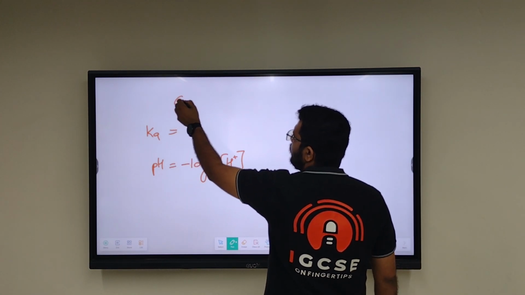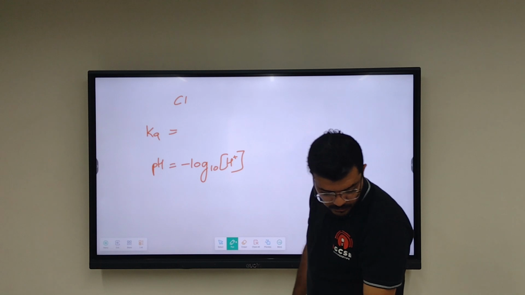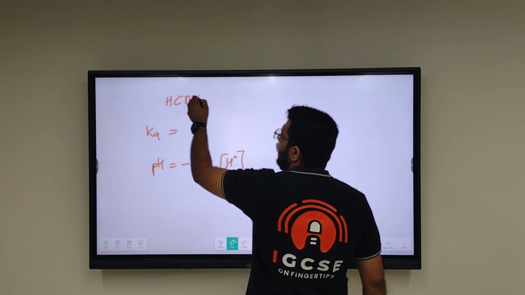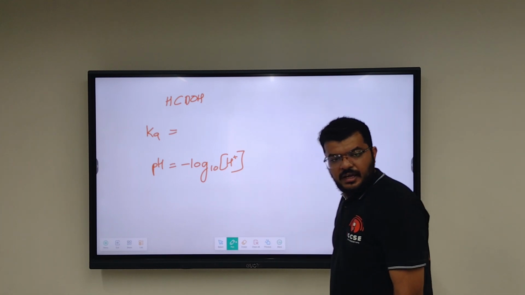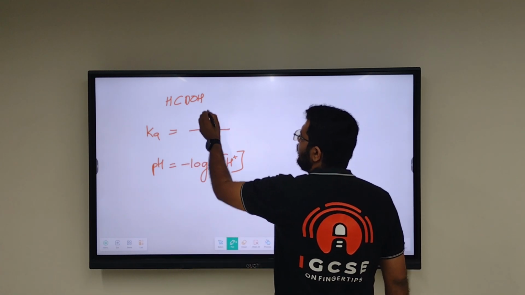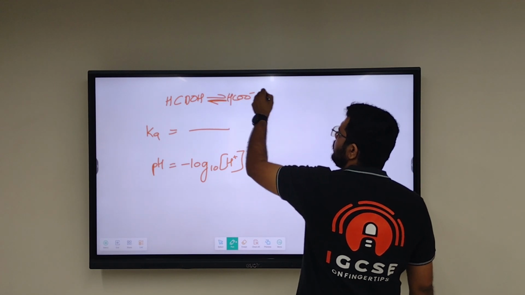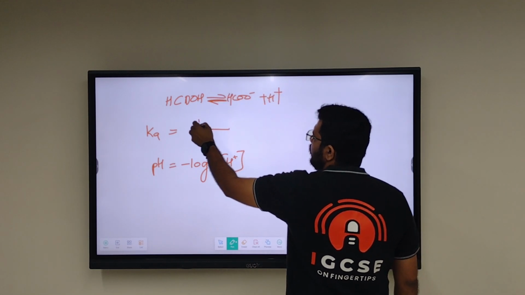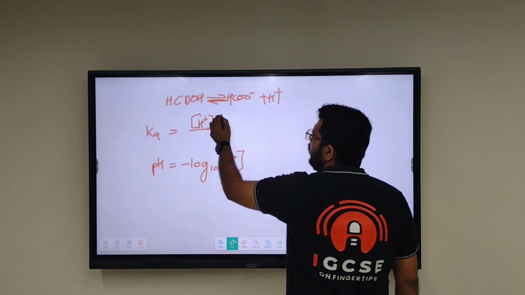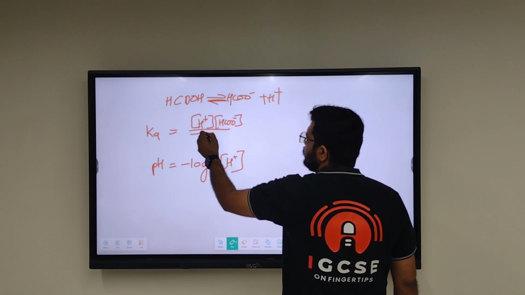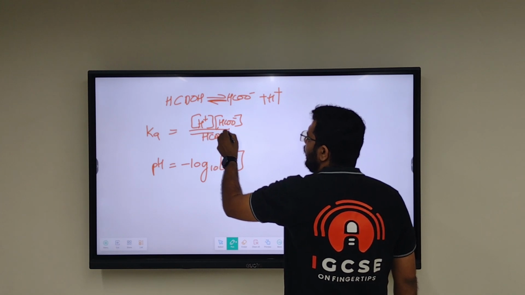And what is this methanoic acid? So HCOOH, is it? Yes. So HCOOH, right? This is methanoic acid. What will happen? The Ka, this reversibly will give you HCOO minus and H plus. So Ka is H plus into HCOO minus upon the concentration of HCOOH.